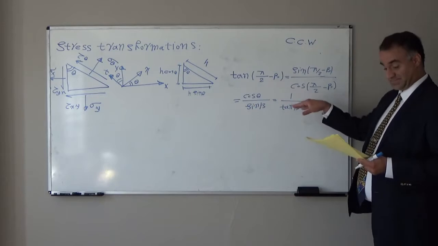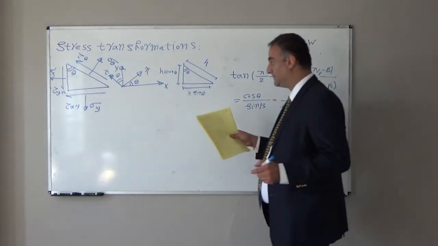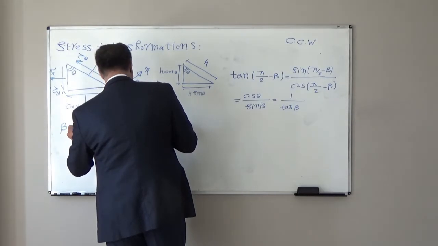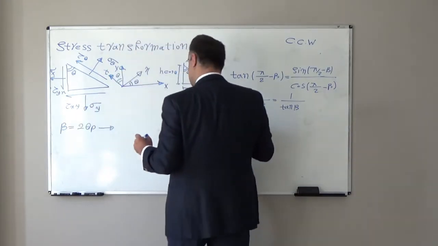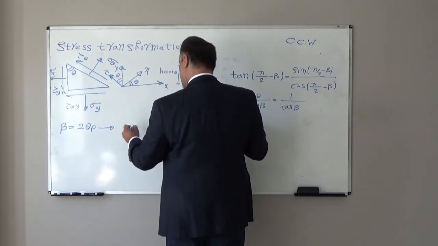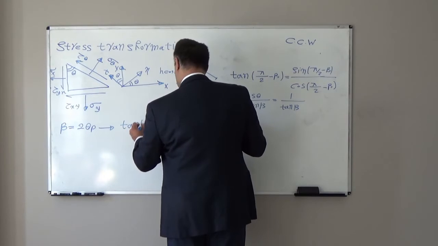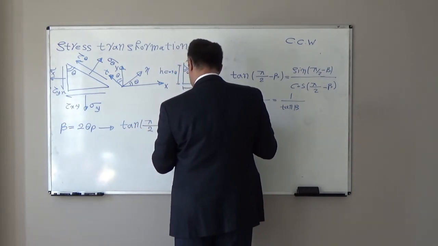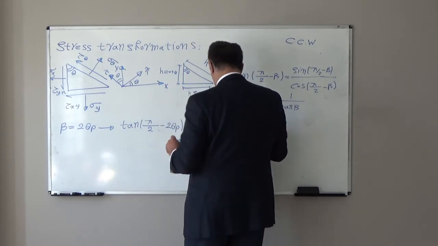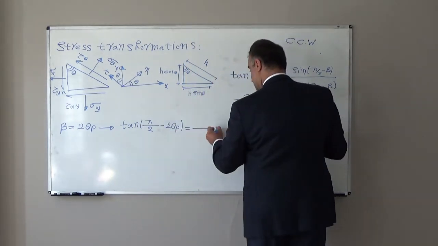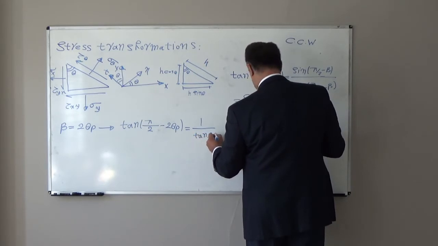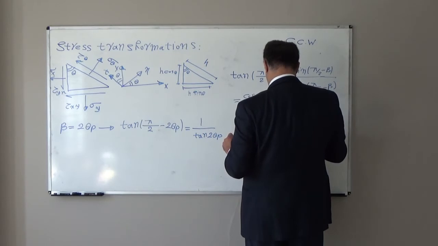So we know this. From here, if we set beta equal to 2 theta p, we can write tangent of pi over 2 minus 2 theta p is equal to 1 over tangent 2 theta p.